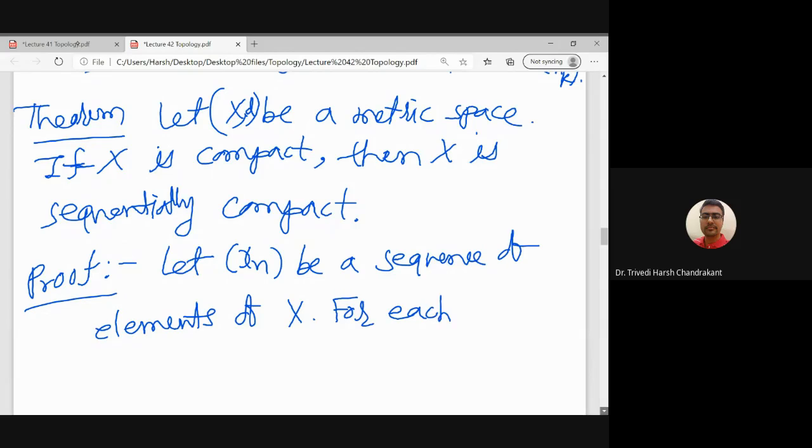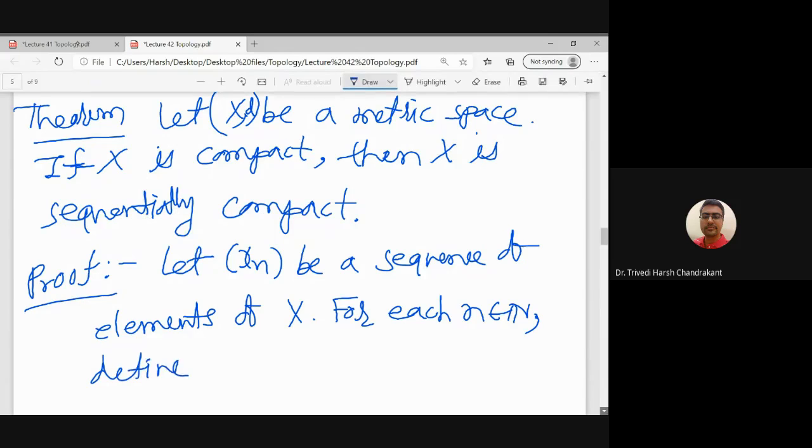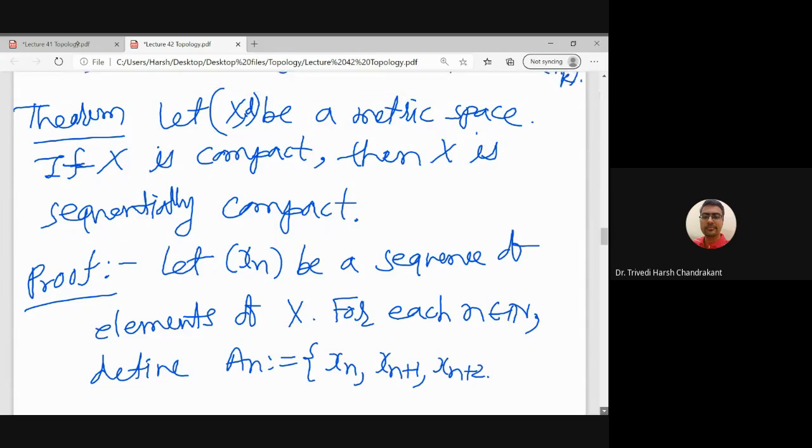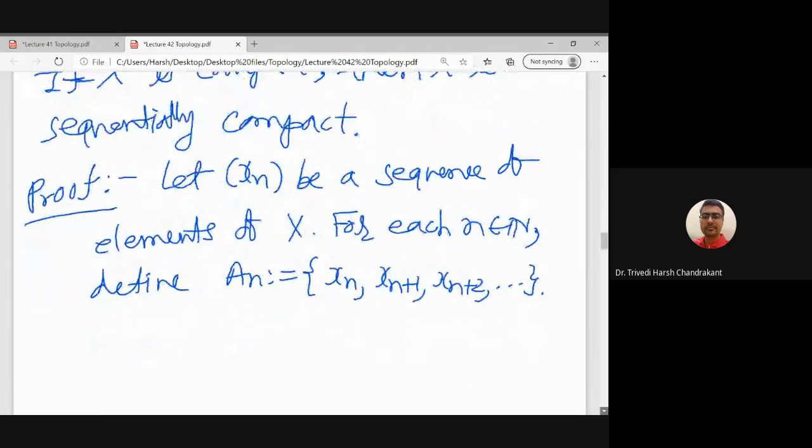For each natural number n, define An to be the set {xn, xn+1, xn+2, ...}. So in this set we are not taking the first n minus 1 terms of the sequence, not x1, x2, up to x(n-1), but starting from xn onwards.